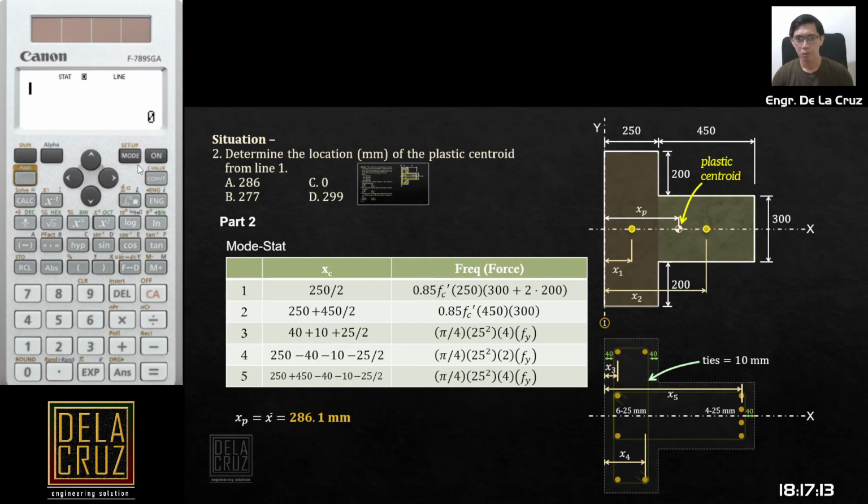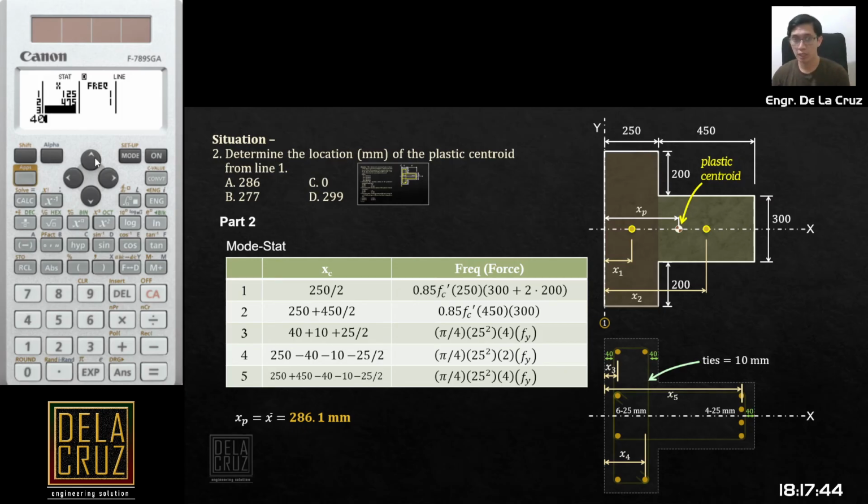Then, mode 3, mode 3, 1. Turn on the frequency again. So first, 250 over 2 times 0.5, 250 over 2. Then you have 250. The second row is 250 plus half of 450.